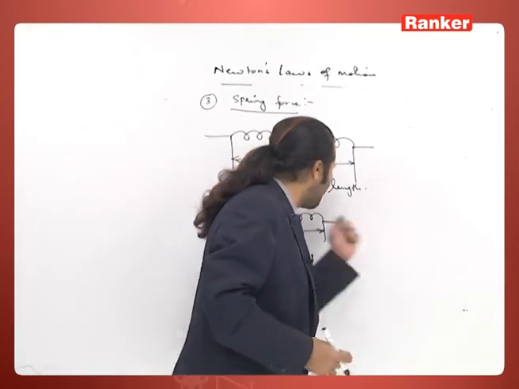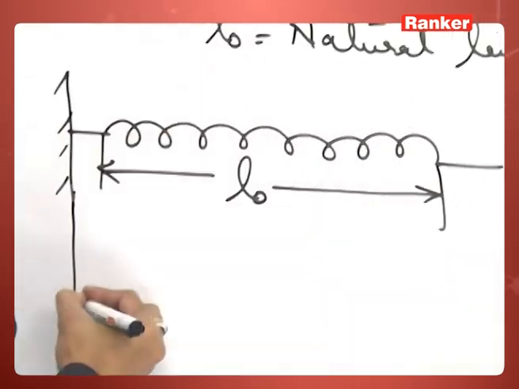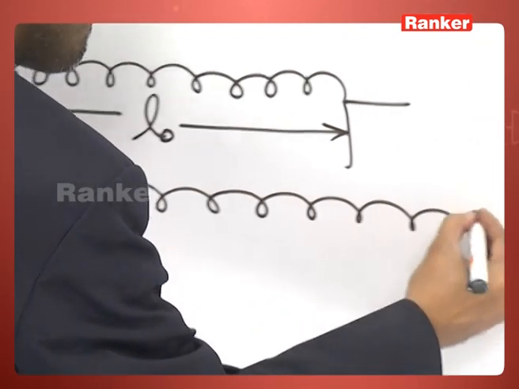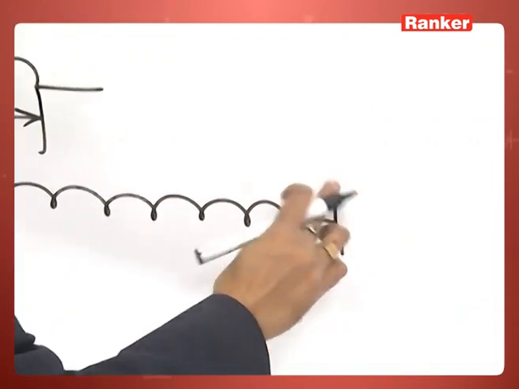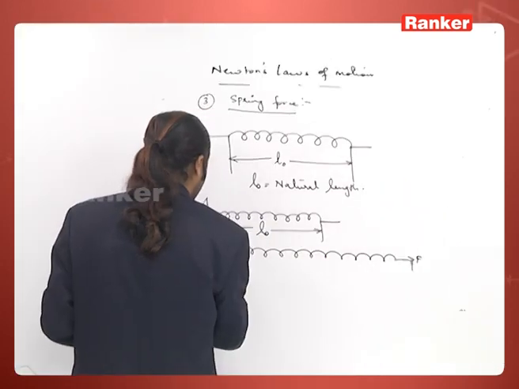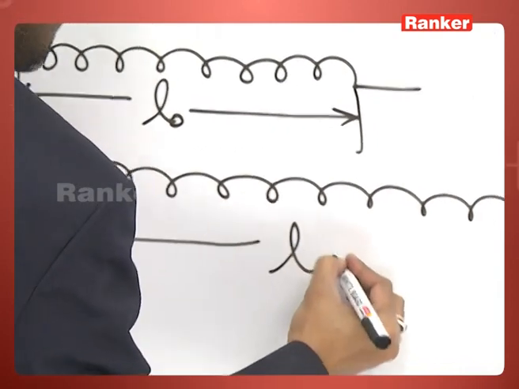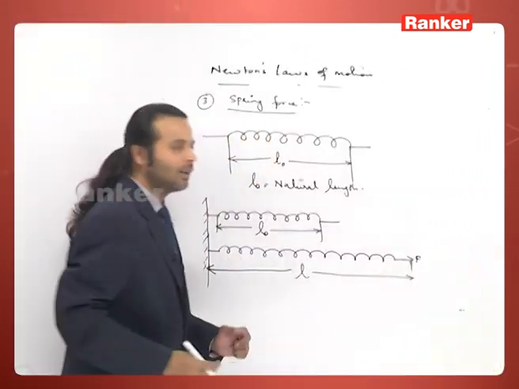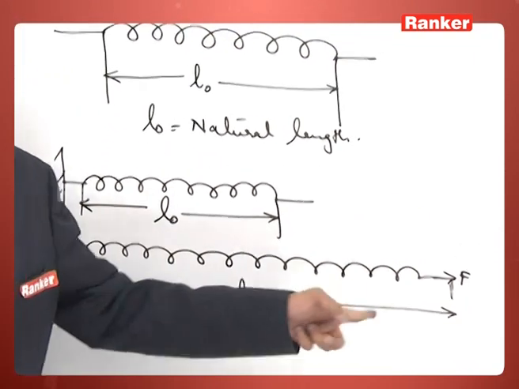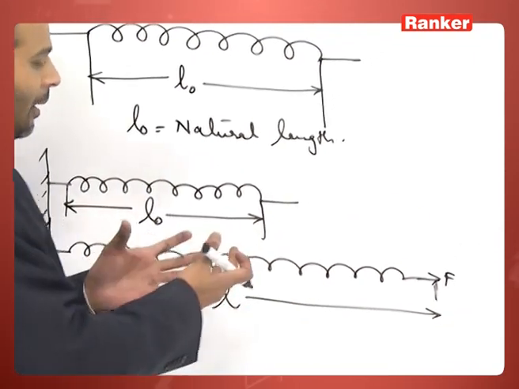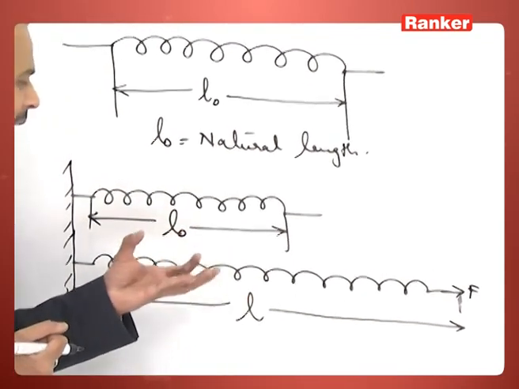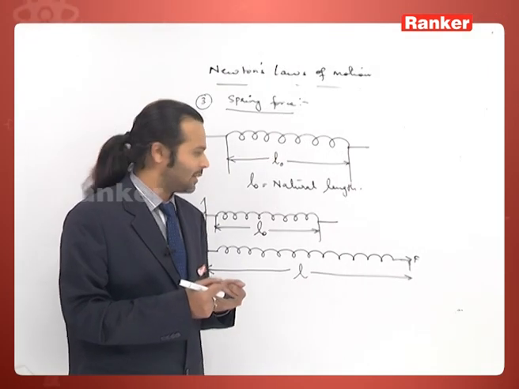Now I try to extend this spring by a certain amount, like this, with a certain amount of force F. And the final length is L. Now when I extend this spring to a certain length L, the atoms and molecules constituting this spring are in a vibrational state.